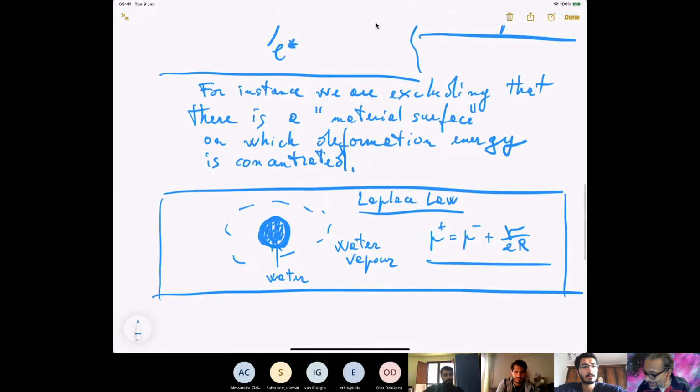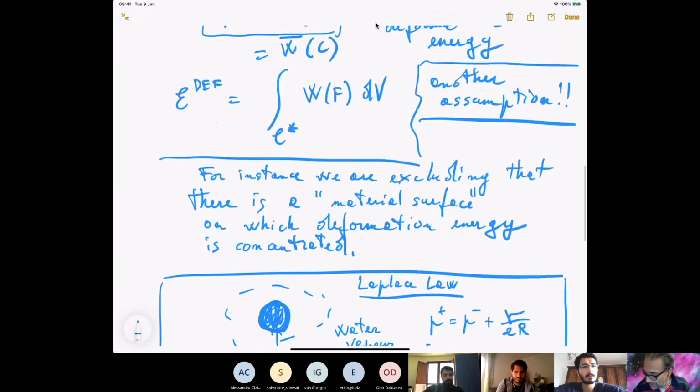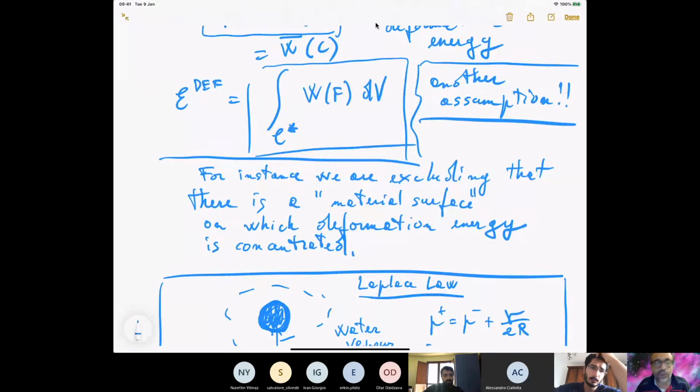So we are excluding this. Why? Because this functional, being a volume integral, the integral on a surface of a volume integral is 0.